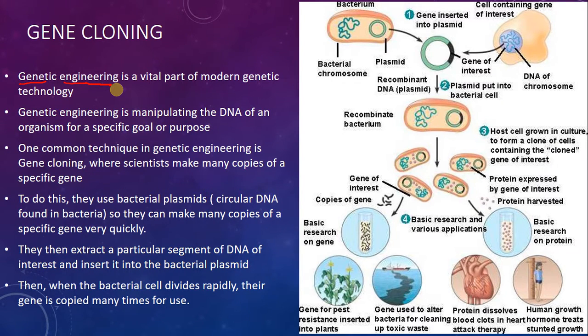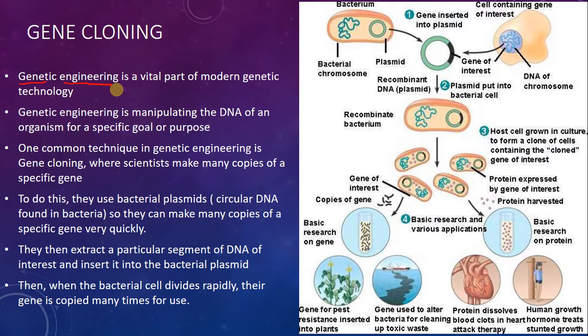So, for example, manipulating the genome of cattle to have them produce more milk, or plants to make them pesticide resistant, or bacteria to produce a specific chemical that we want. All of that is examples of genetic engineering, right?